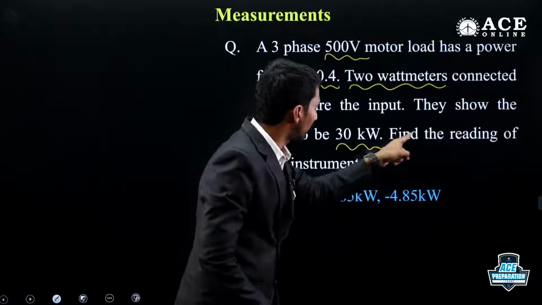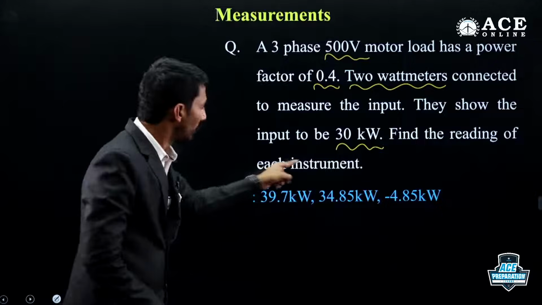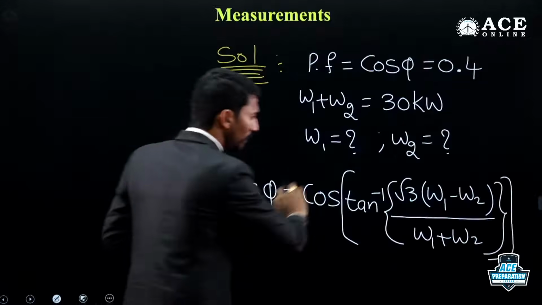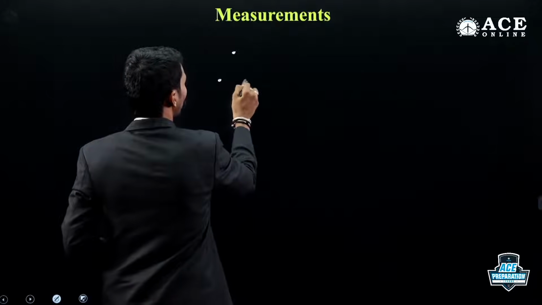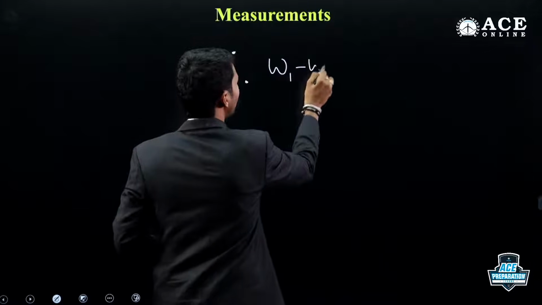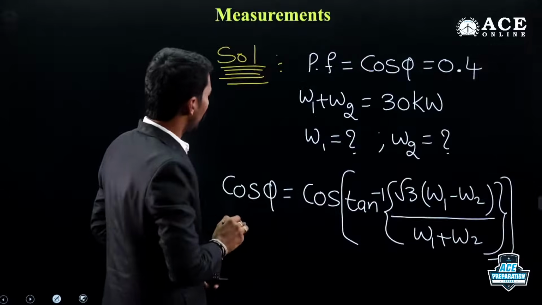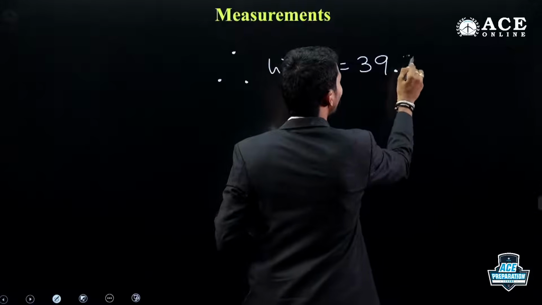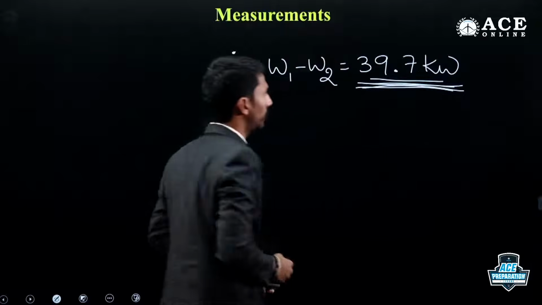He is asking the reading of each wattmeter. Let us see. If you simplify this, you will be getting W1 minus W2 approximately as 39.7 kilowatt.